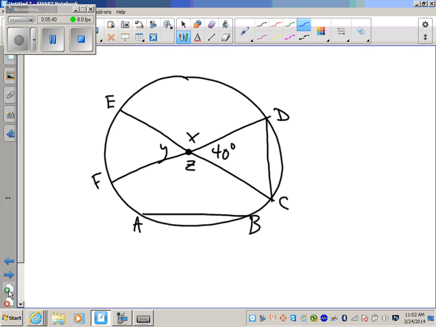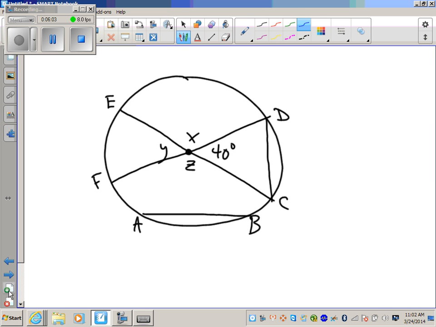Angle y and 40 degrees, this angle here, come right across from each other. What do we call those? Remember that we had those special names? There's certain kinds of angles. Remember, they come right across from each other, opposite each other.